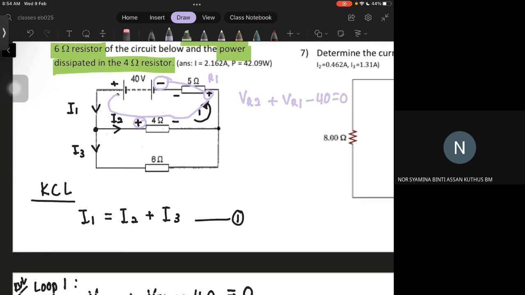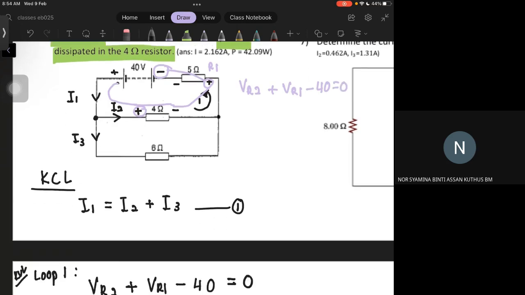Untuk loop yang kedua pula, loop yang kedua pun kita buat anti-clockwise. Okay, so bila kita buat anti-clockwise, current flow untuk current 3 dekat sini, it makes 6 volt ini, sini positif, sini negatif. Untuk dua yang 4 ohm punya resistor ni, perlu tak kita tukar terminal? Tak perlu, because the current is still flowing, current I2 is still flowing this way. Yang berubah sekarang adalah loop kita.